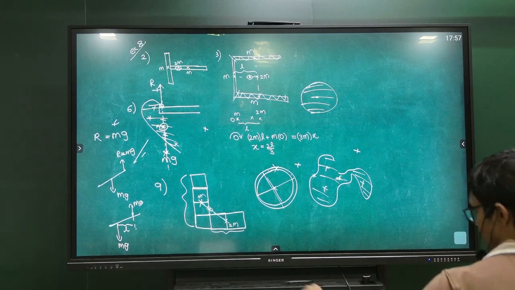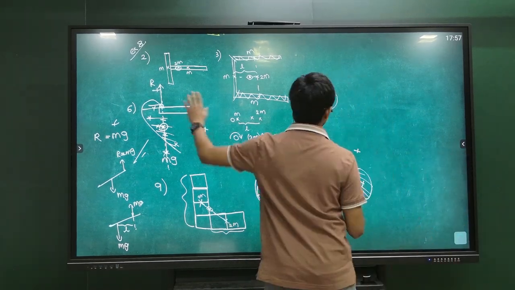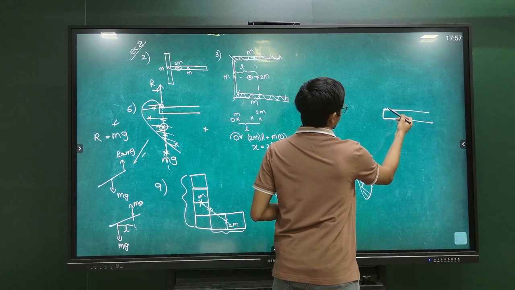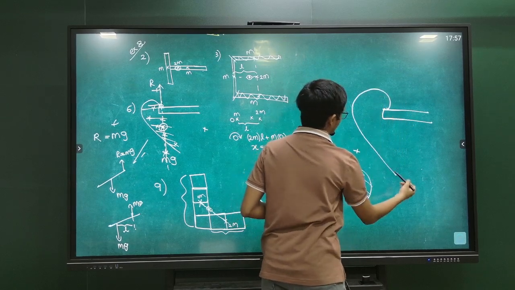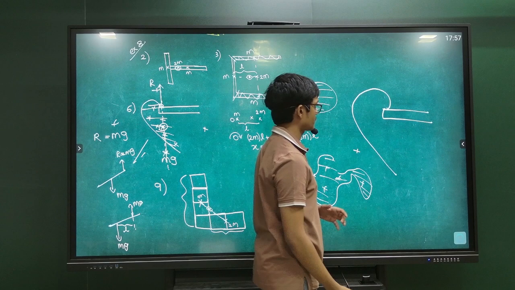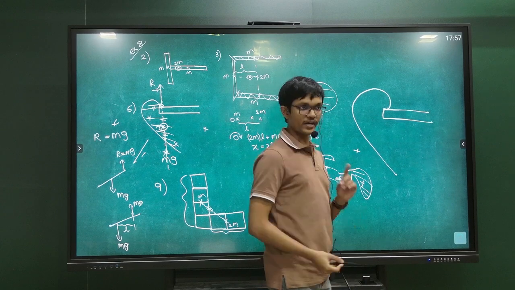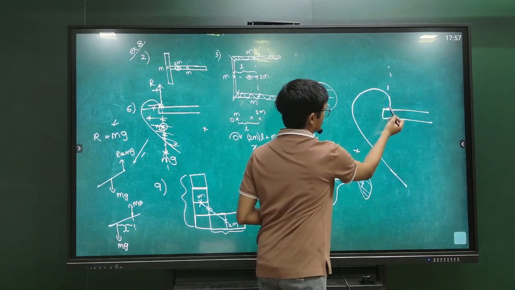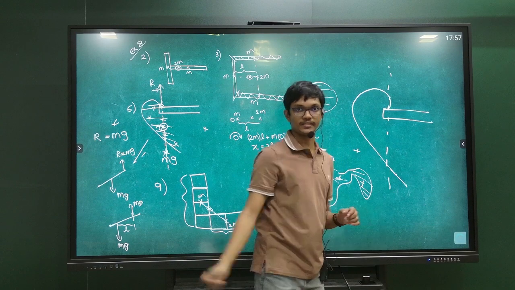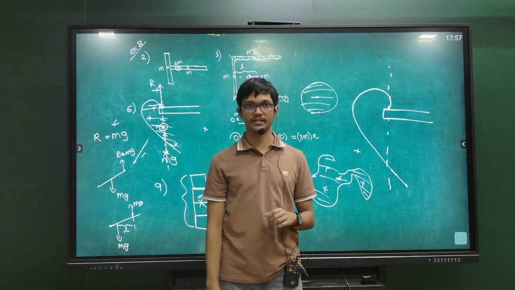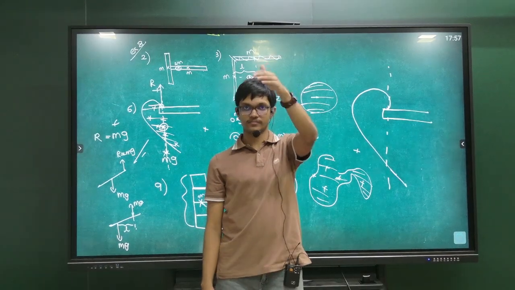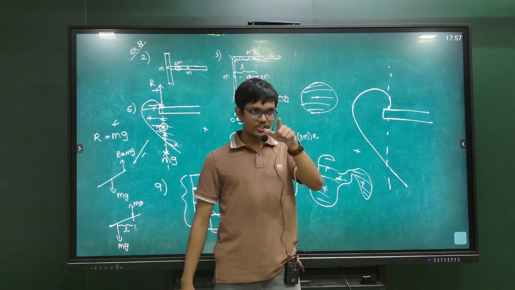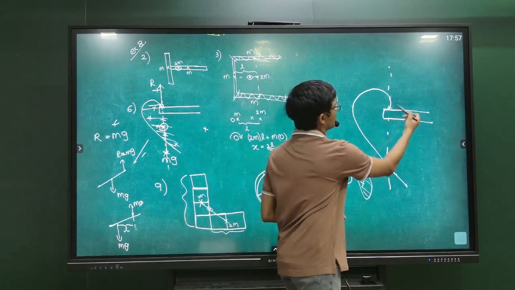Attention. For this one, I said that center of gravity should be in this line. Clear? Attention. I said that the center of gravity must be in this line. Question was, why can't it be this point? Point A.